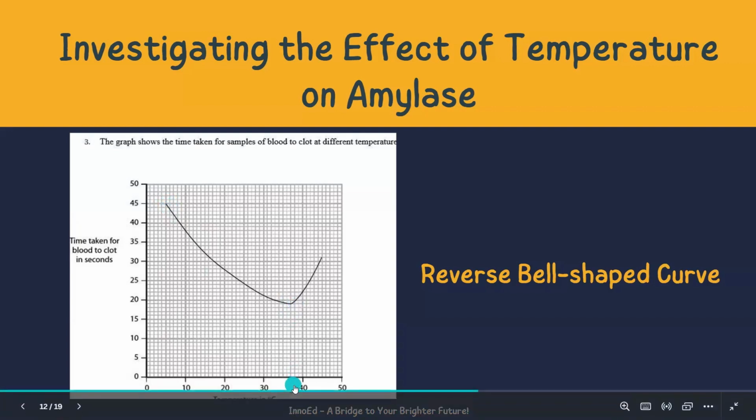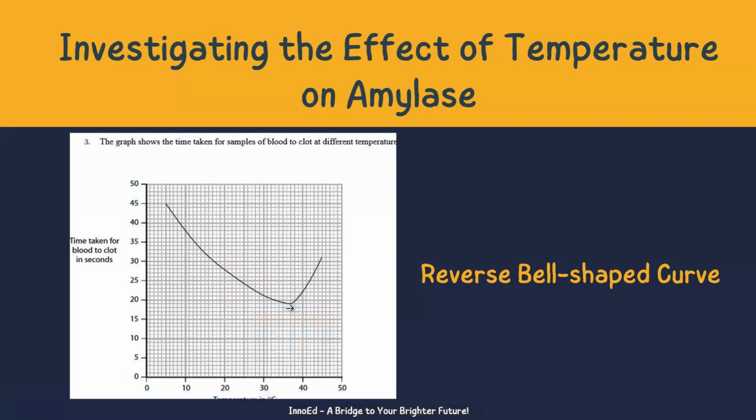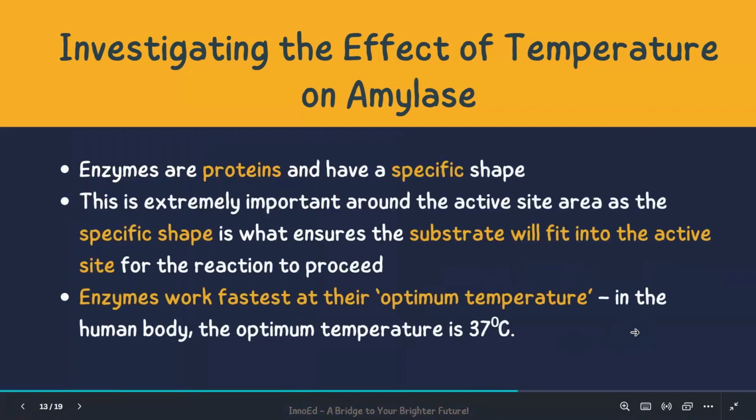When at around 38 degrees Celsius or 37, the reaction happens fastest. It took only like 19 seconds here. So this is the fastest chemical reaction. So you have to be able to read this graph really well.